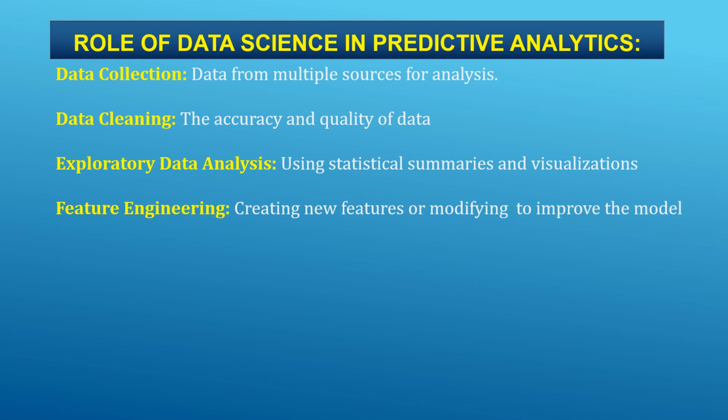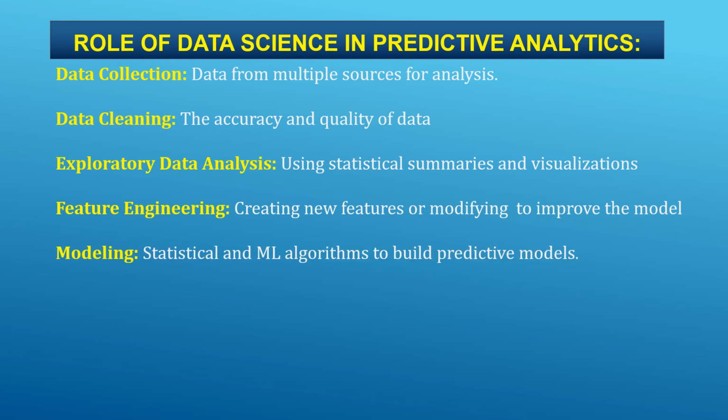Feature engineering, creating new features or modifying existing ones to improve model performance. Modeling, applying various statistical and machine learning algorithms to build predictive models. Evaluation, assessing model performance using metrics like accuracy, precision, recall, and F1 score.